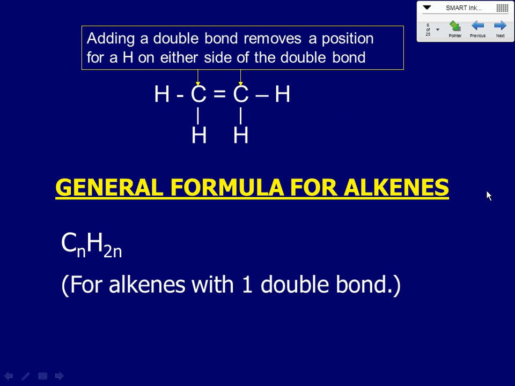So general formula, adding a double bond removes a position for a hydrogen on either side of the double bond. So the general formula becomes CnH2n. Yep. We have to learn about the branches. Yep, we're going to do examples of that right now.